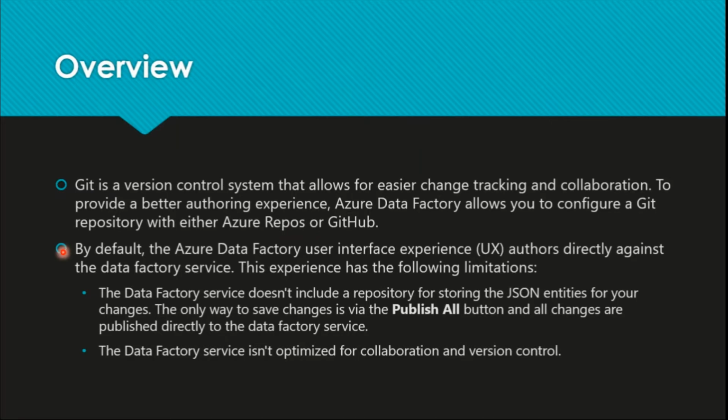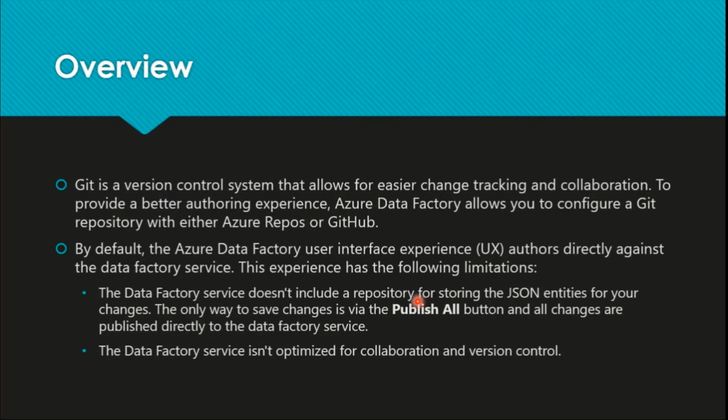Now, by default, Azure Data Factory provides a user experience where you can directly author against the Azure Data Factory service. So whatever we are building, we have to publish it, and it gets published in the Azure Data Factory service. Now this has some limitations. The Data Factory service doesn't include a repository for storing the JSON entities for your changes.